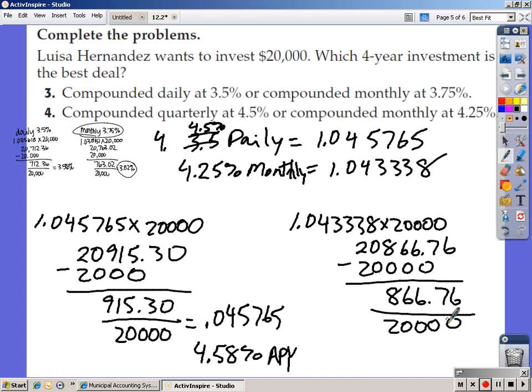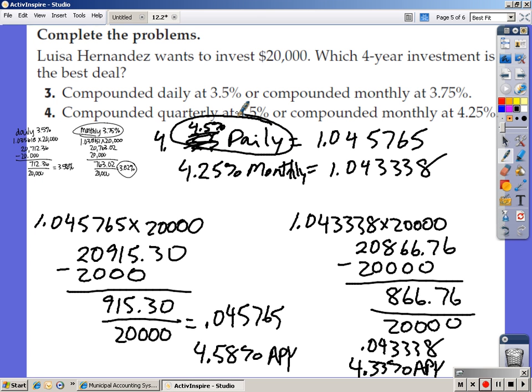Which works out to be 0.043338, okay, which is 4.33% APY. Okay, so the best deal is the 4.5% daily as opposed to the 4.25% monthly. Okay, 4.5% daily yields a higher APY. All right.